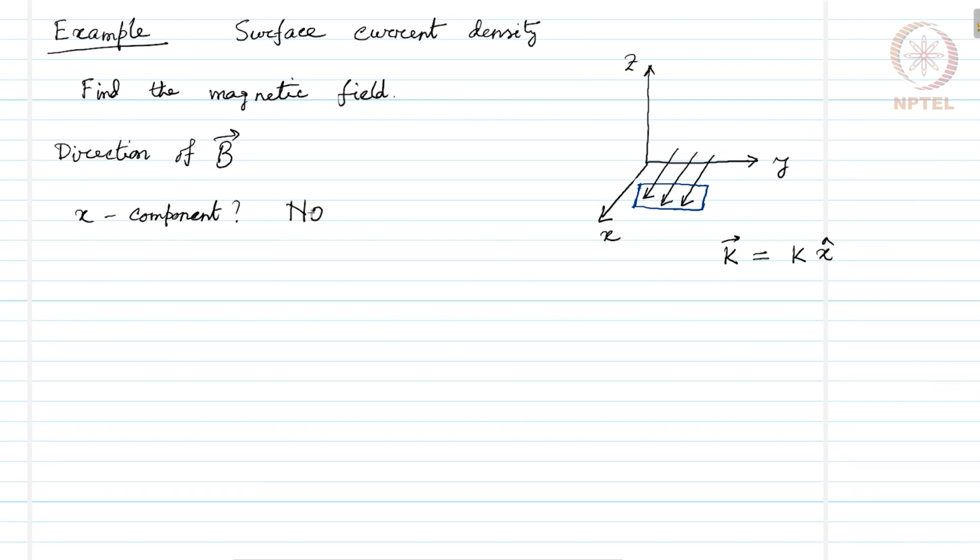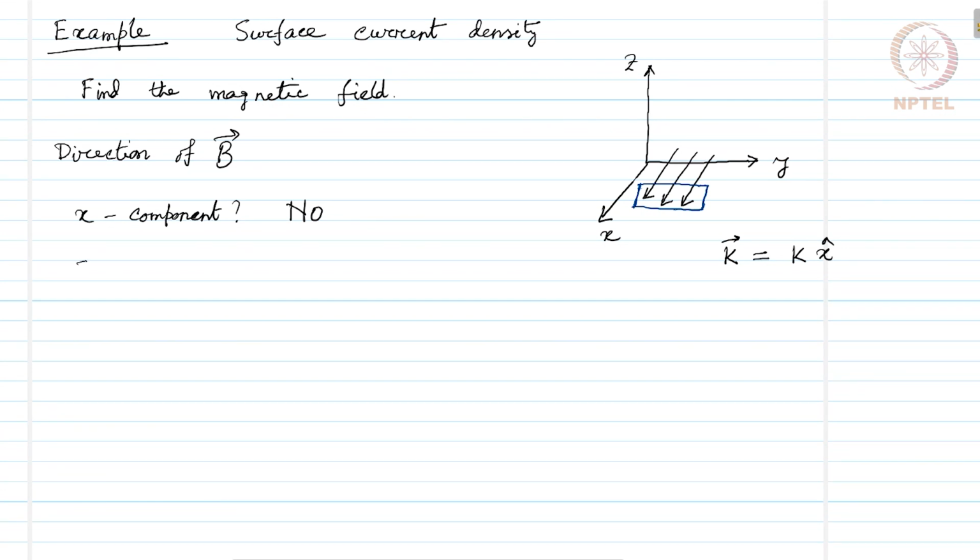So, the answer is no. Magnetic field will be in the direction of K cross r cap, the current direction cross the displacement vector to the point of observation. That would be the direction. Therefore, any component along the direction of the current is not possible. It will always be perpendicular to the current direction.